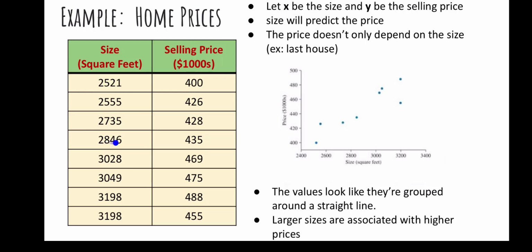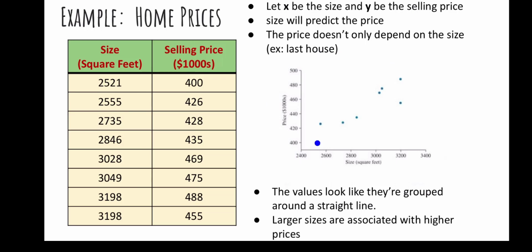So we can see that this house that is 2,846 square feet costs $435,000. Basically, this is a table of values. You can see over here that we have plotted each of those houses as a point.